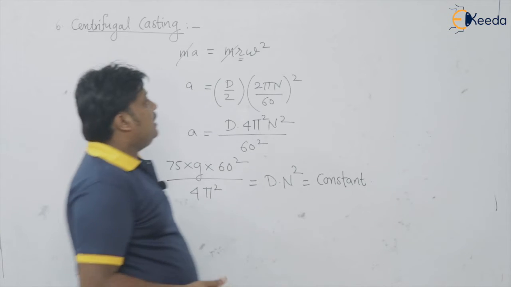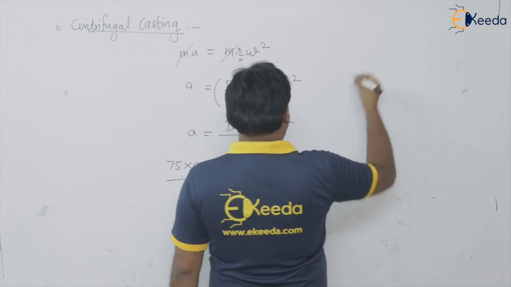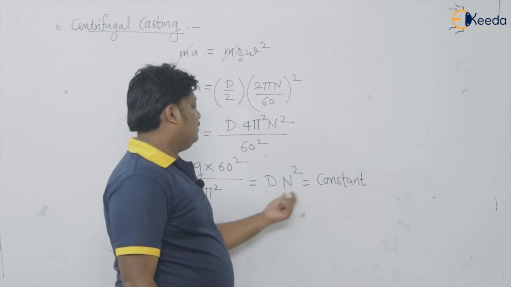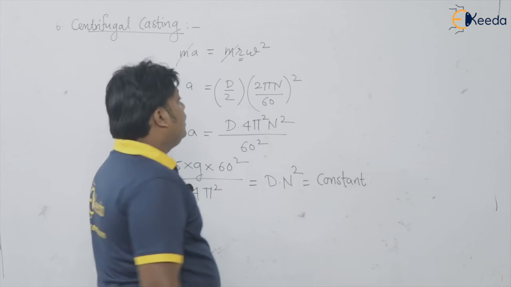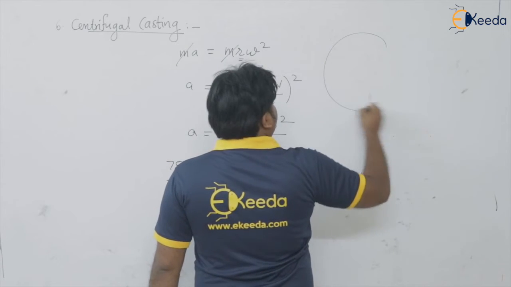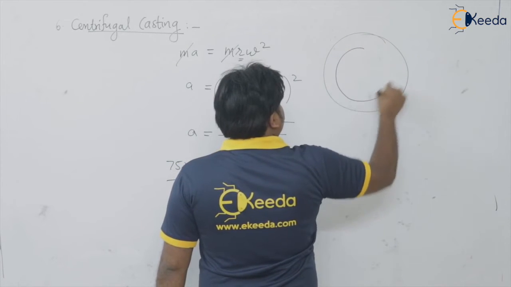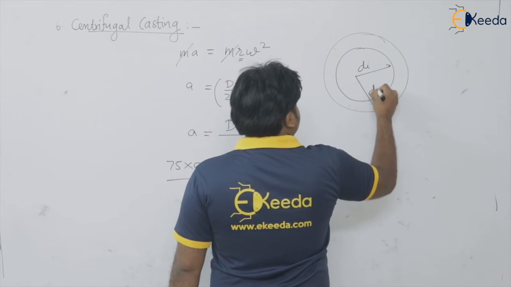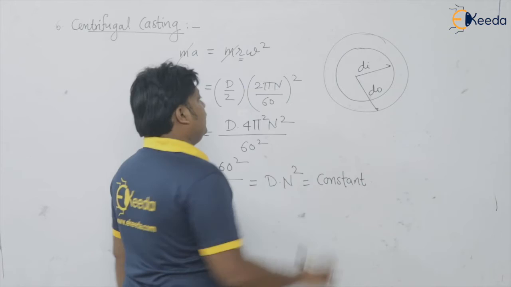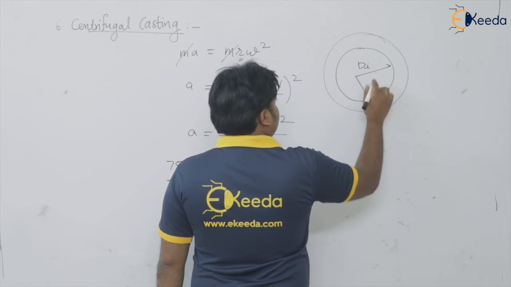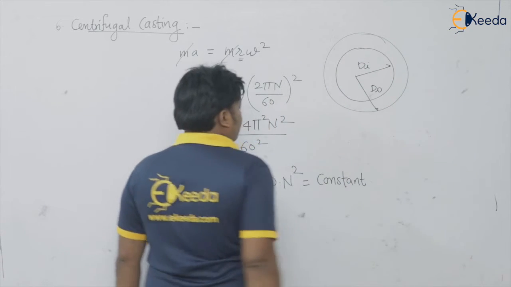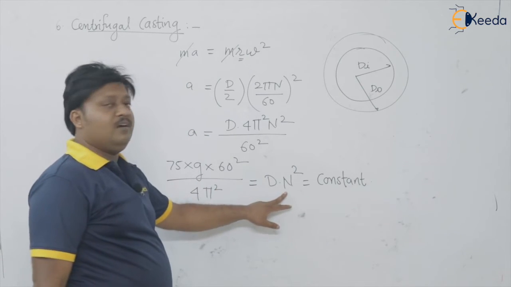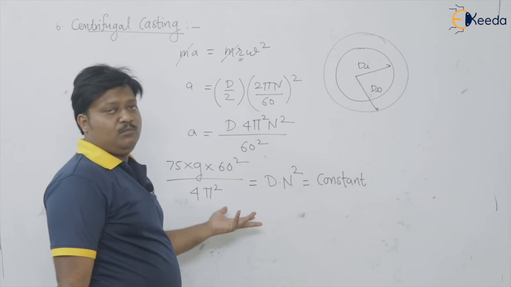Now when I ask you to find out the value of any one of these, say this is a cast iron pipe having inner diameter d i and outer diameter capital D o. Now this is the known value and I provide you the value of n or any one of the above.